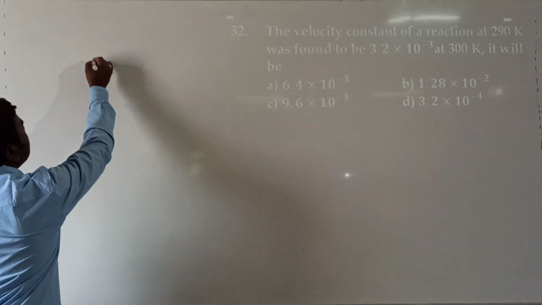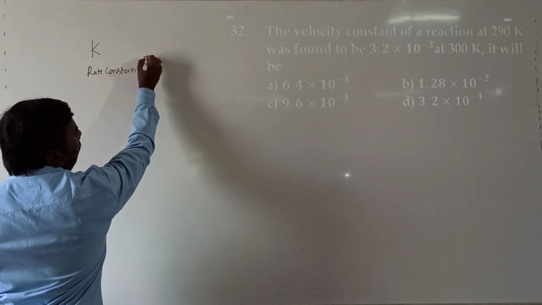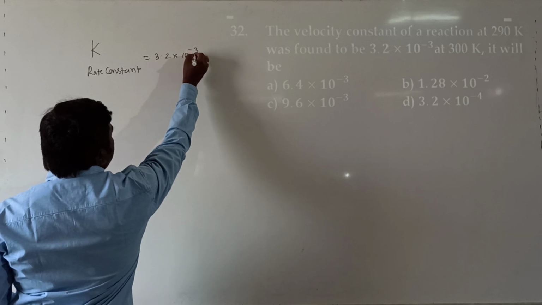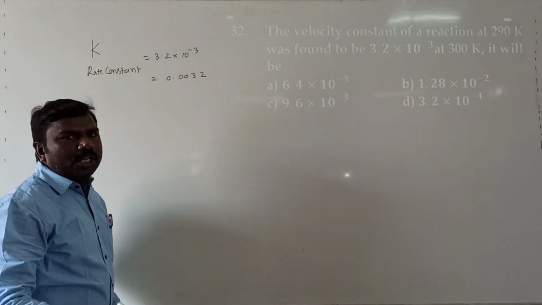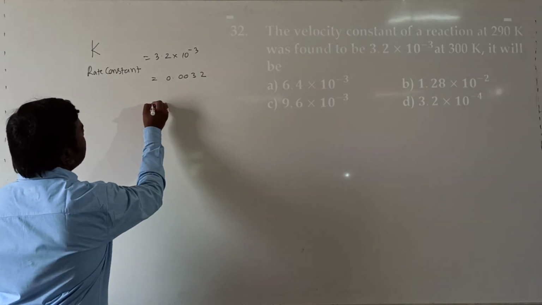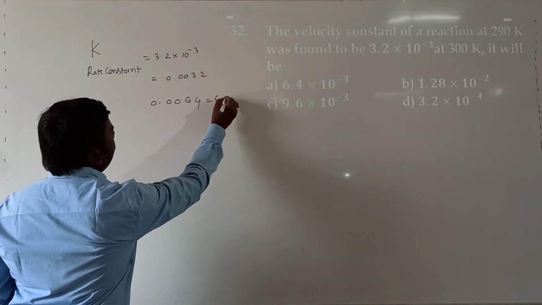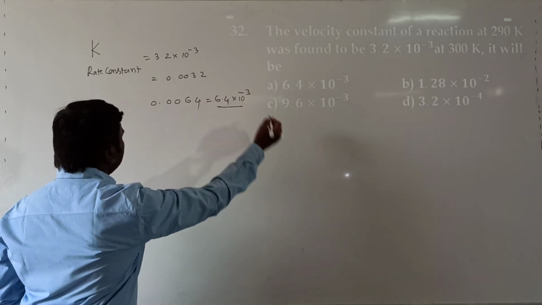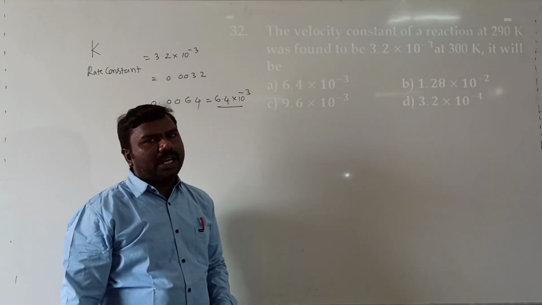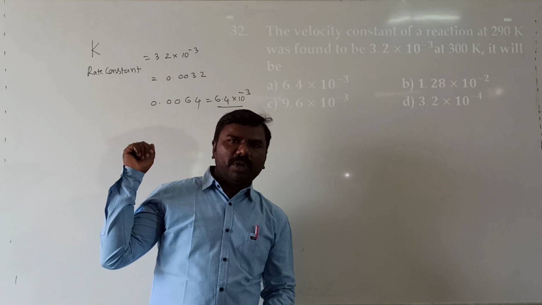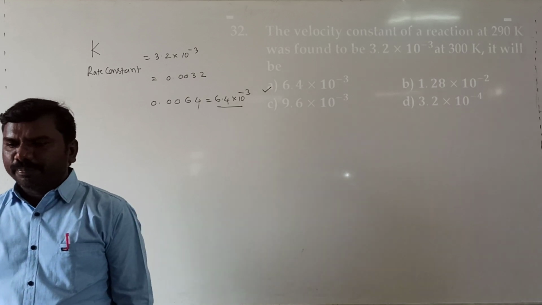So the velocity constant, the rate constant k, is 3.2 into 10 to the power of minus 3, and it should be doubled: 0.0064, which is 6.4 into 10 to the power of minus 3. Clear? Every 10 degree rise in temperature, the rate constant value will be doubled. Yes, the answer will be 6.4 into 10 to the power of minus 3. Next.